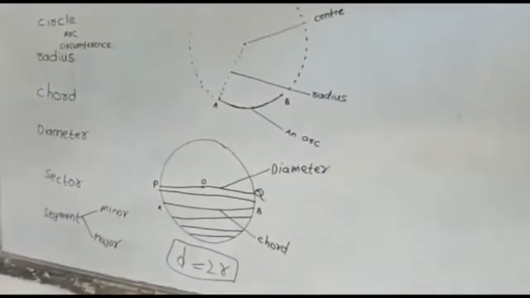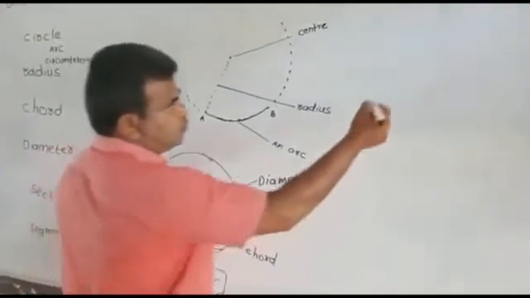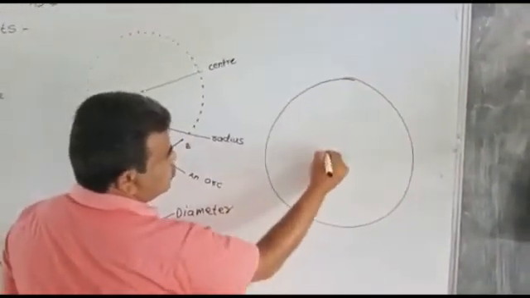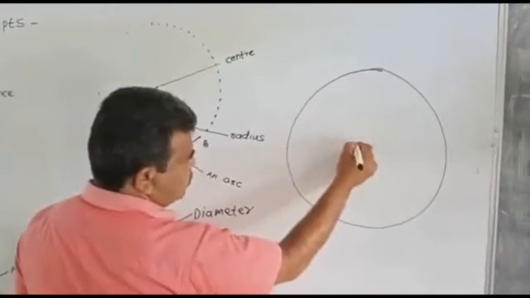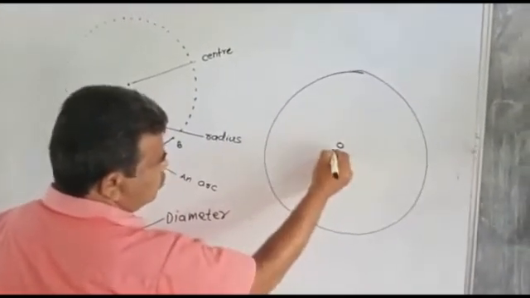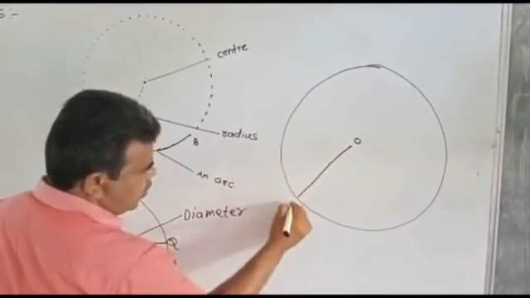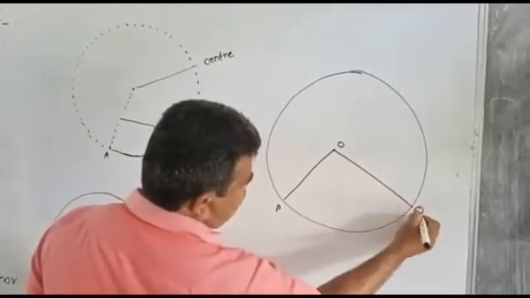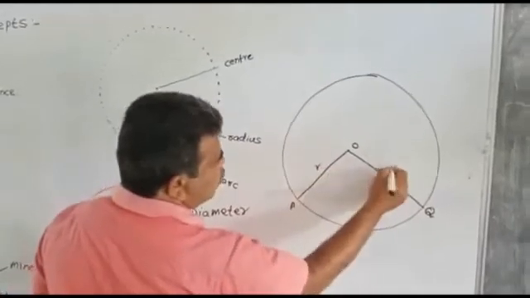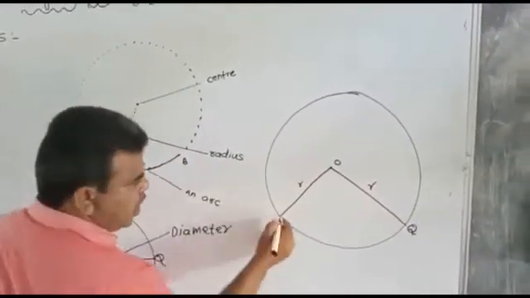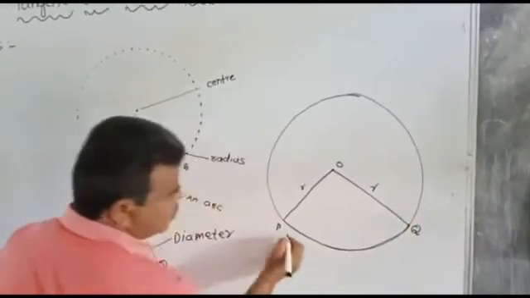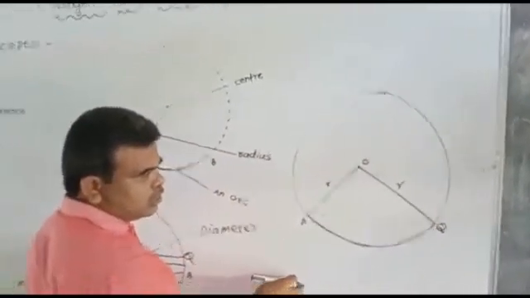Next, another one is sector. Center O, a point P, OP and OQ are the two radii, and this PQ is a part of a circle, that means an arc.